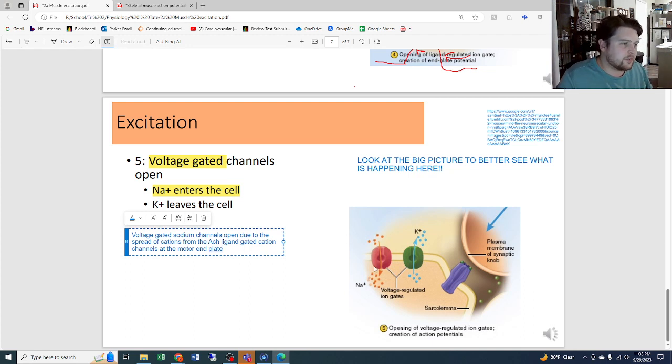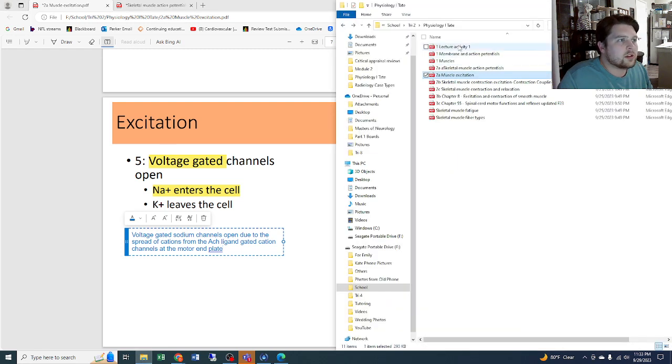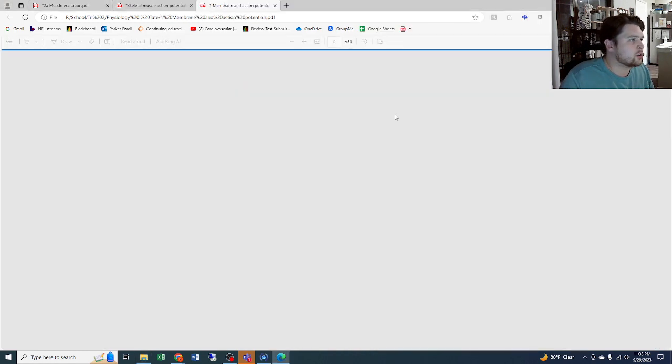Okay, so when these voltage-gated ion channels open, we get a bunch of sodium rushing in, but some potassium coming out, but a bunch of sodium rushing in. And that is going to further cause the depolarization of the muscle cell, and it's actually going to spread it along, just like we saw, I believe it was this lecture, when we were looking at neural cells.